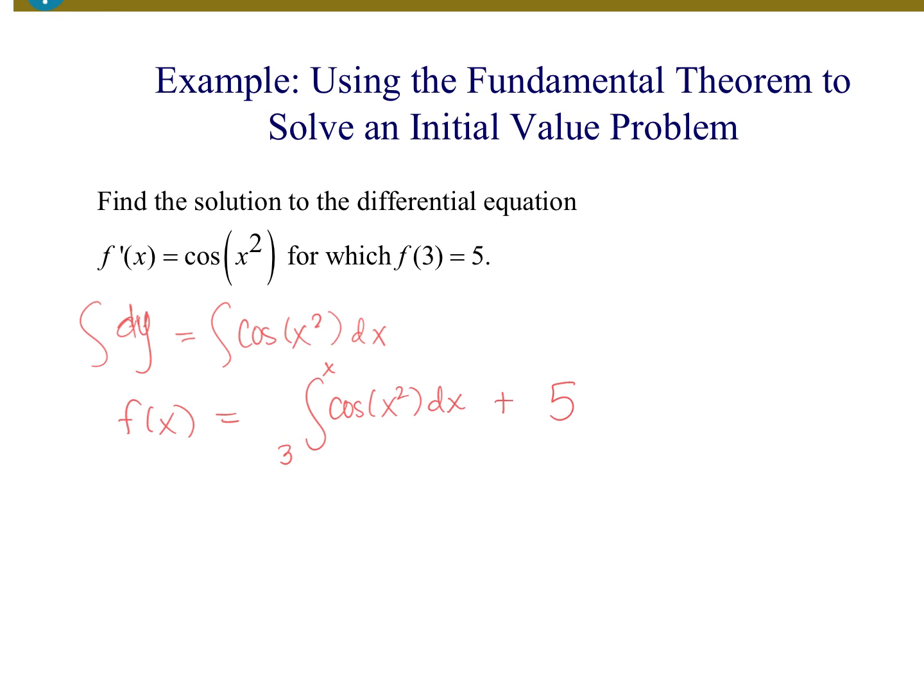We can use that then to find any other f value. I could find f of 5. I could find f of 10. I could find f of 0 once I have an expression for f. So be comfortable leaving it in what looks like an unfinished integral.